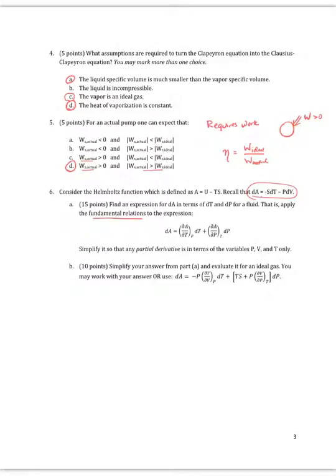So what I want to do to use the fundamental relation is just what we've been doing in class, where I say, let me take this differential form and turn it into a derivative. So for instance, dA dT at constant P is minus S, and I turn the differentials into derivatives.